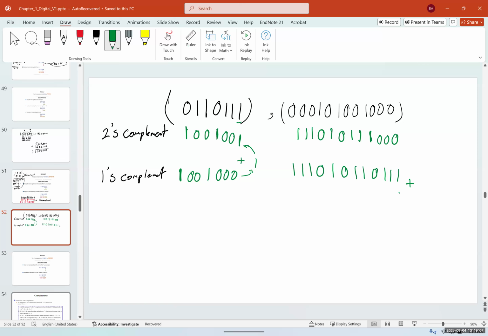Now if I add 1 to this, 1 plus 1 is going to be 0 carry 1, and again. So I'm going to get 1 1 1 0 1 0. And you can see these two are exactly the same. Am I correct? Yes. Okay.